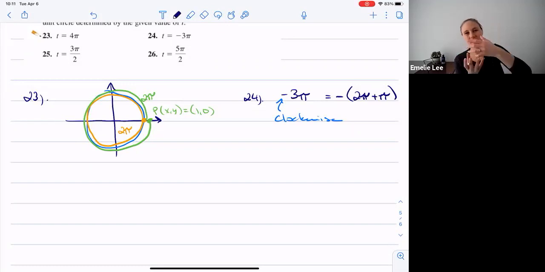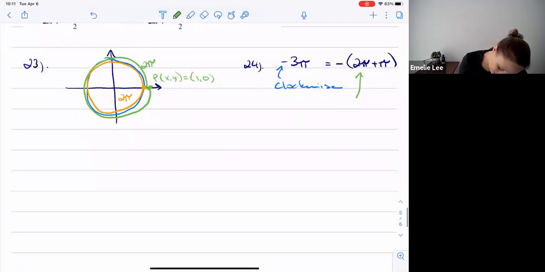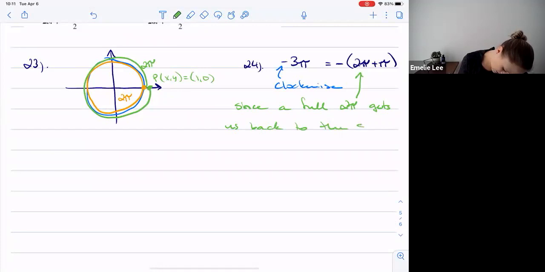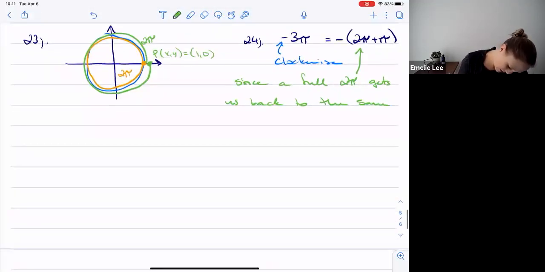So we want to extract the full loops around because they don't actually do anything, right? We end up at the same terminal point, since a full 2 pi gets us back to the same starting point.